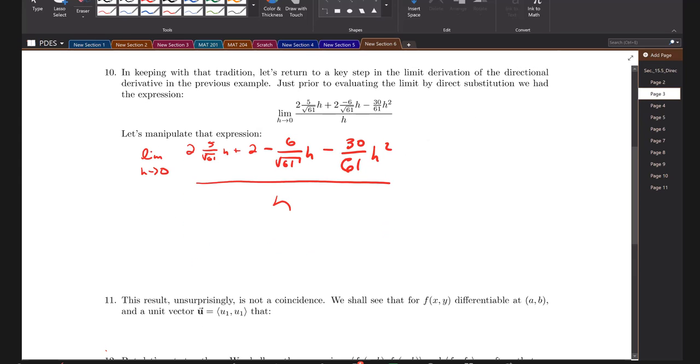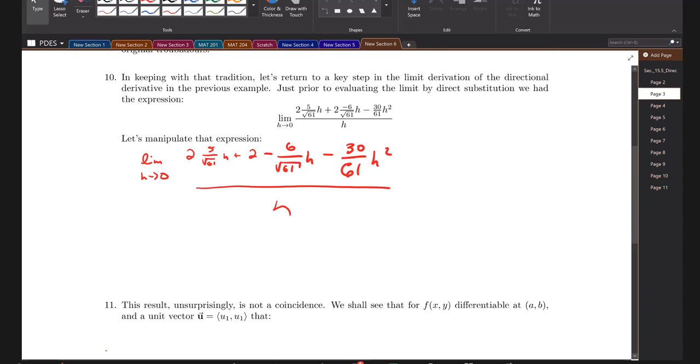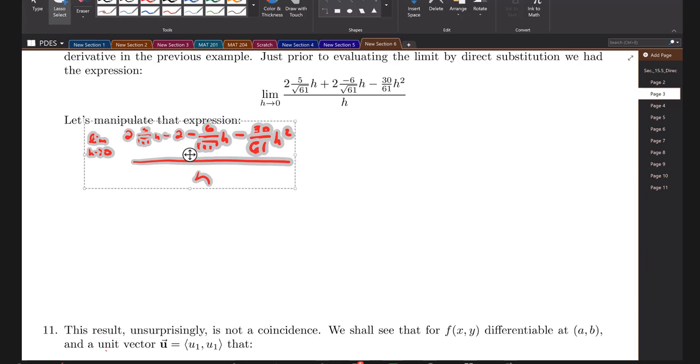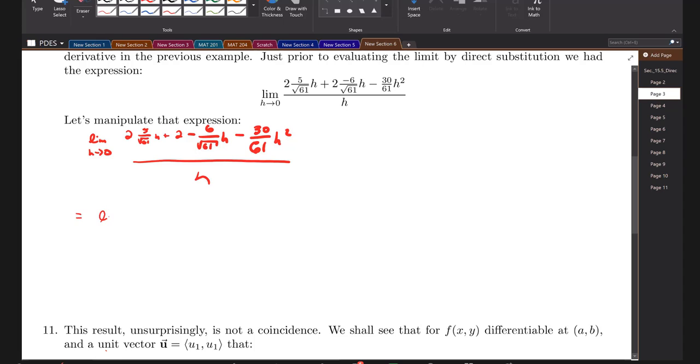Okay. The first thing I want to do is break this limit up as just 2 times 5 over the square root of 61 h plus 2 times minus 6 over the square root of 61 h, all over h, plus the limit as h approaches 0 of negative 30 over 61 h squared over h.